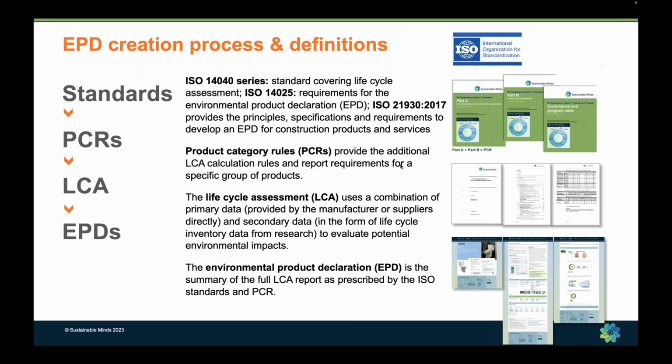Product category rules include the rules for how LCA calculations are done and the requirements for the content of what goes into an EPD. Those are all in the PCR. Then the life cycle assessment is done in accordance with the rules in the PCR, and the EPD gets published from the results of the life cycle assessment according to the content requirements, again published in the PCR.